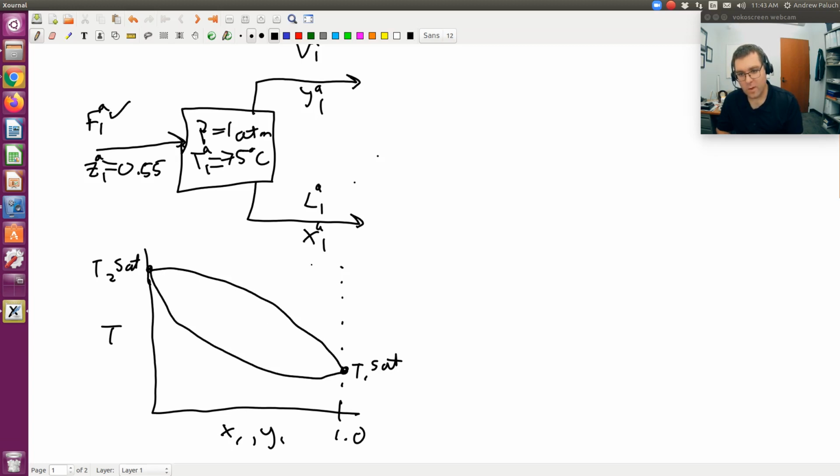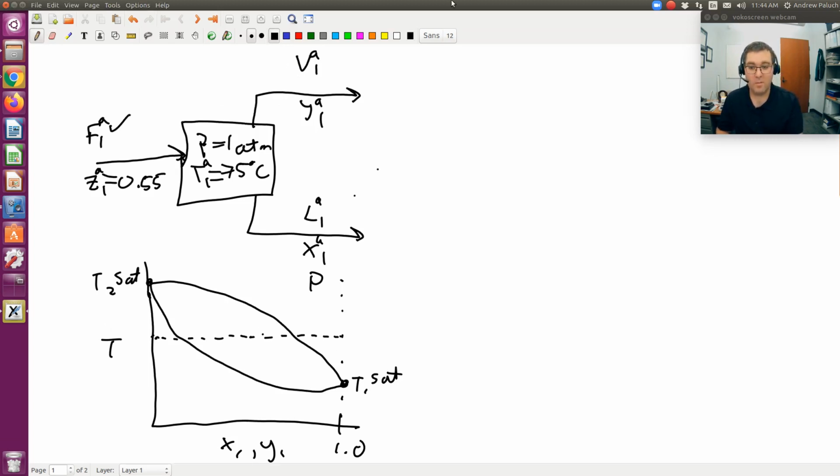In a TXY, pressure is fixed. If I were to specify temperature, and the system's in two-phase coexistence, as it must be in a flash drum, I would read off the value of X1 and Y1, X1 from my bubble line, Y1 from my dew line.